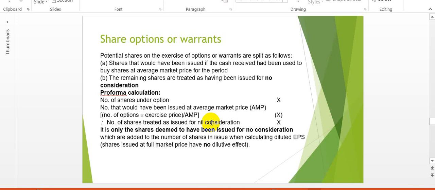You've got shares that have been issued, shares that would have been issued if the cash received had been used to buy shares at average market price for the period, and the remaining shares are treated as having been issued at no consideration.